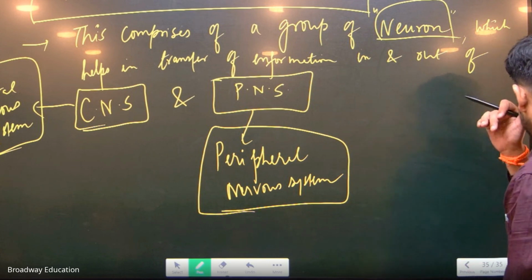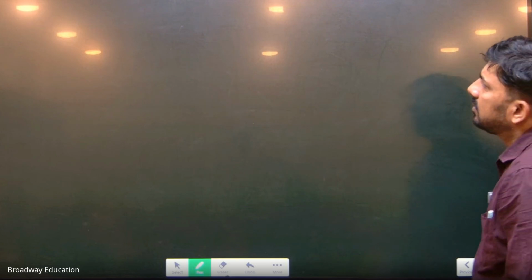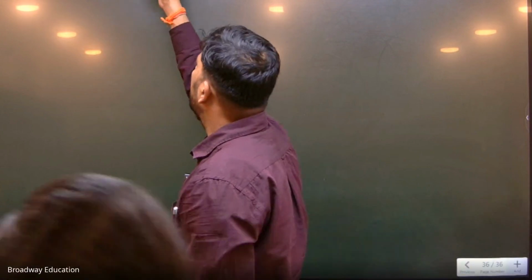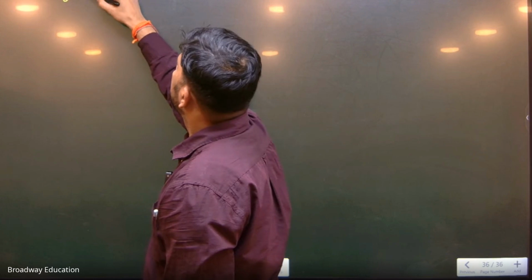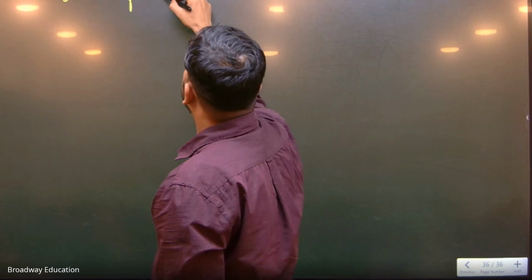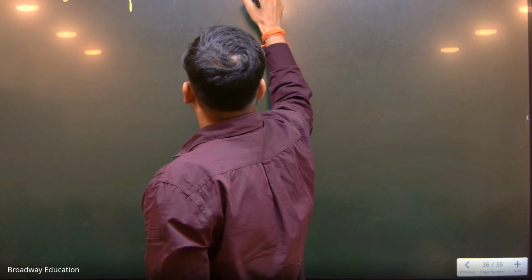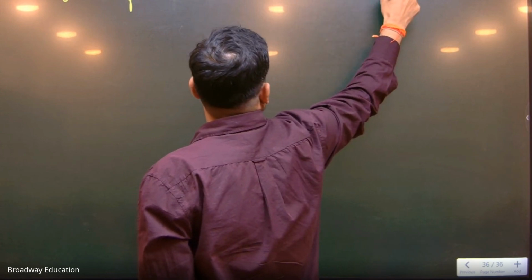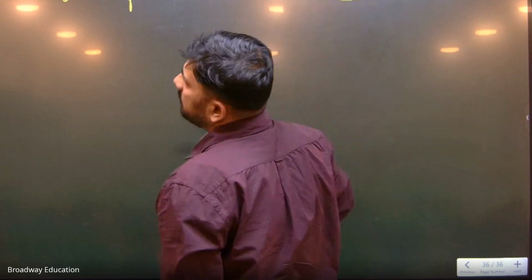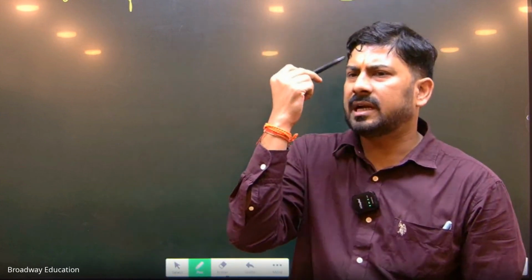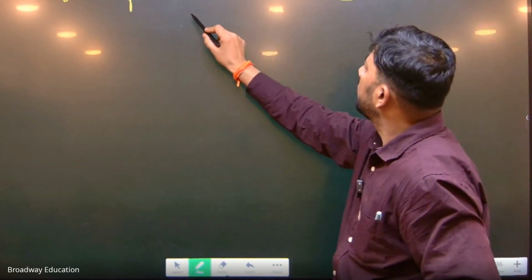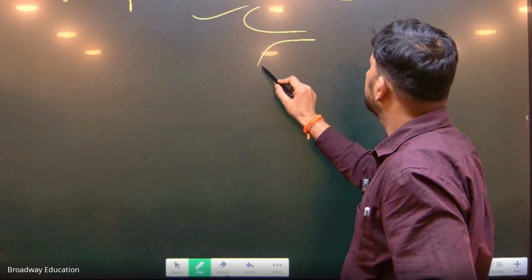Now, the unit of a nervous system is the neuron. Our brain is made up of over 10 lakhs of neurons. Imagine. Now, if I talk about the neuron, a neuron appears like this.